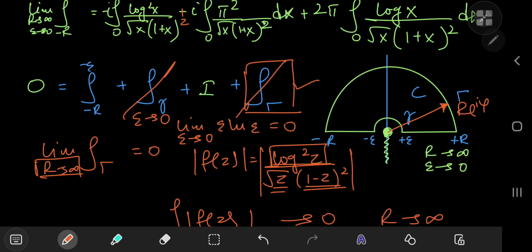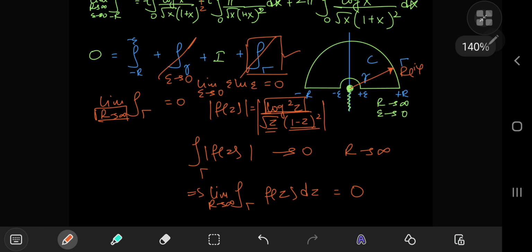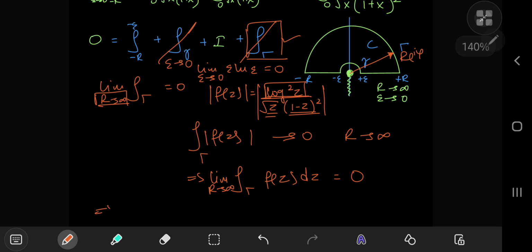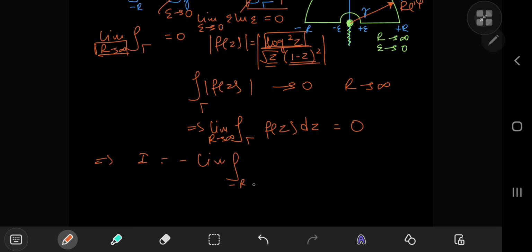So yeah, we can cross this out as well. And that means we have a much simpler scenario at hand. We have on the left-hand side 0. So this implies that I equals negative limit of the integral from negative r to negative epsilon as r approaches infinity and epsilon approaches 0.